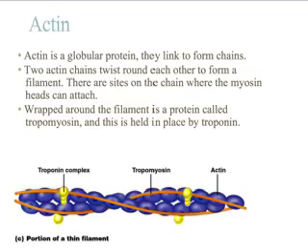That attaches to actin. This is actin, the thin filament, and you basically have two of these wound around each other. If you notice on the diagram, see where that's pointing, those little dots are effectively the sites for myosin to attach.